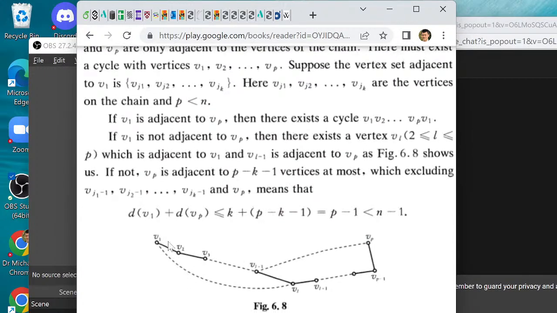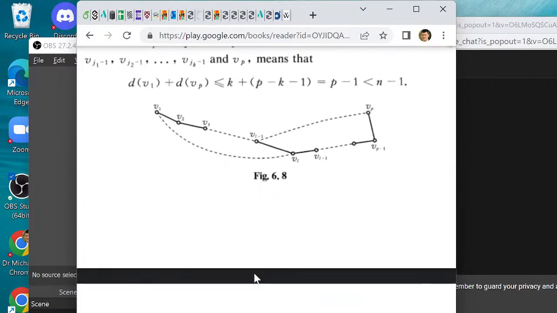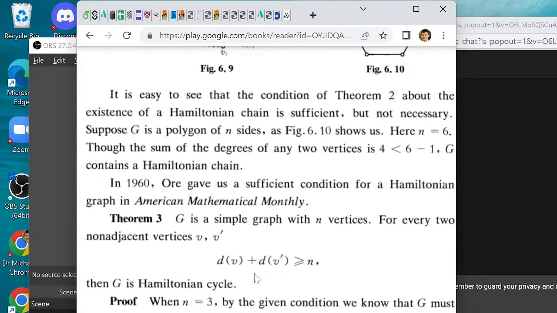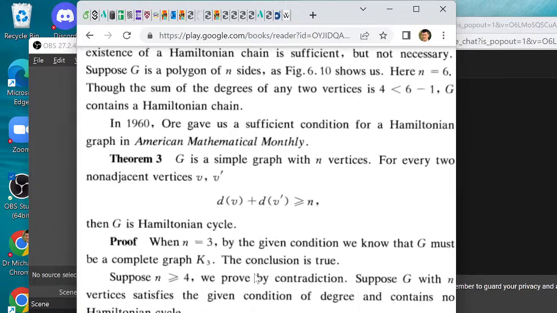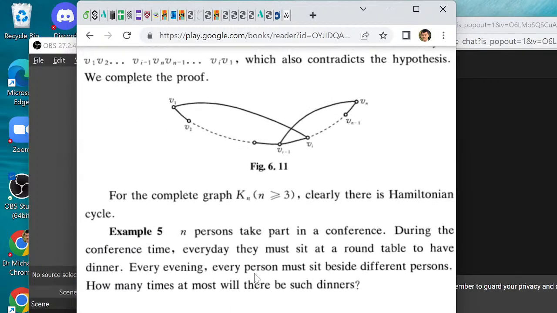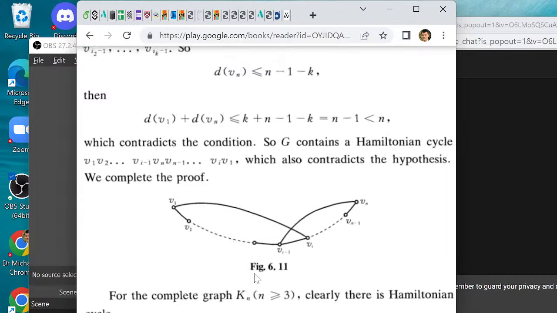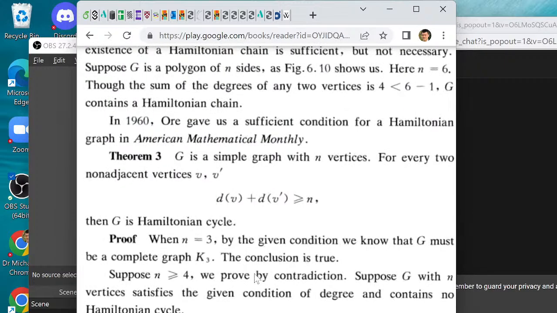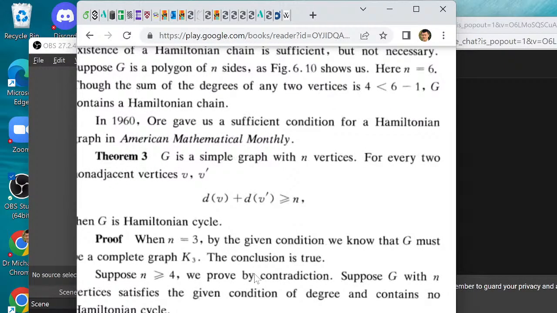I think we need more than 3 vertices for this diagram. Okay, this is a long proof, we'll have a look. We might not finish it, but we're on a bit of a roll here.